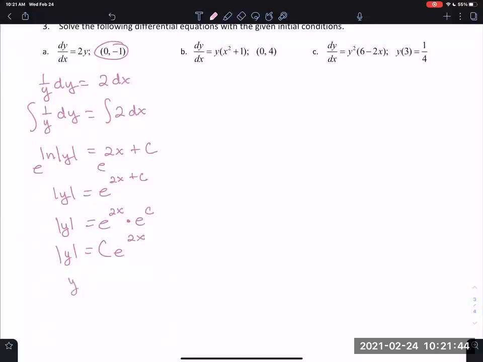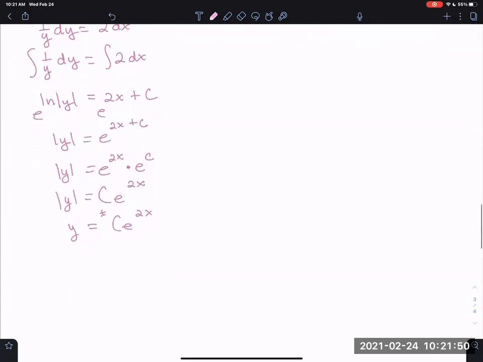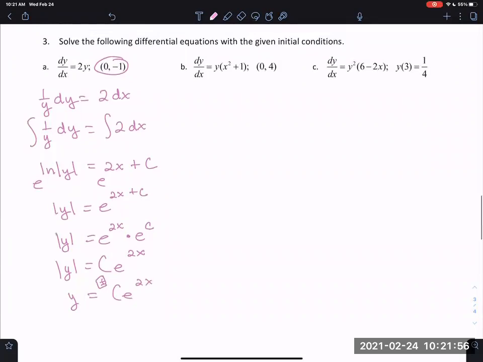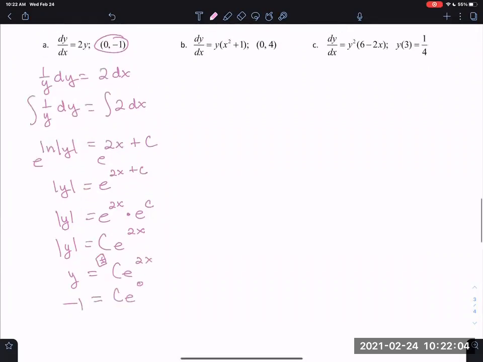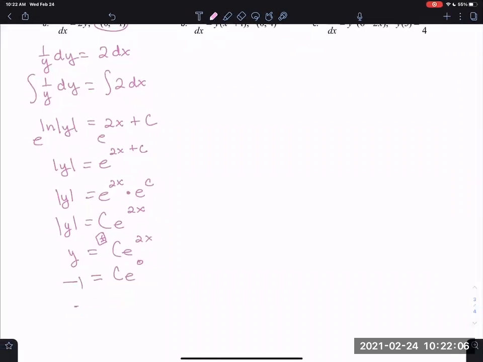So when I take this off, it's kind of like we're not sure what we're doing yet, so I'm going to offset that. So with that, -1 is Ce to the 0 power. So -1 equals C.